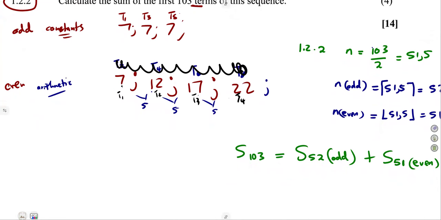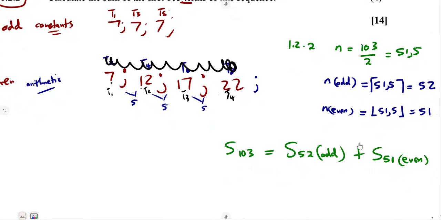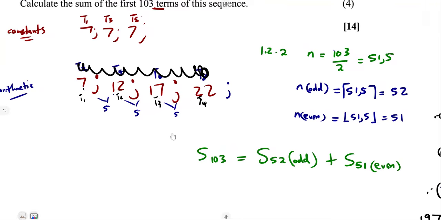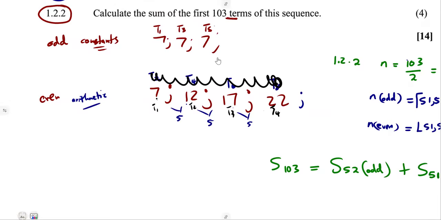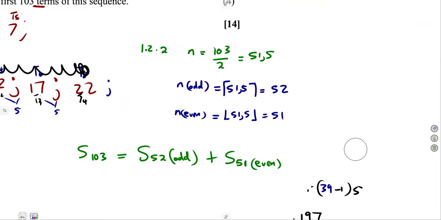Now you just have to figure out what you are referring to as the odd. As we can see, the odd terms are constants. How do you determine the sum of terms when you have got constants?